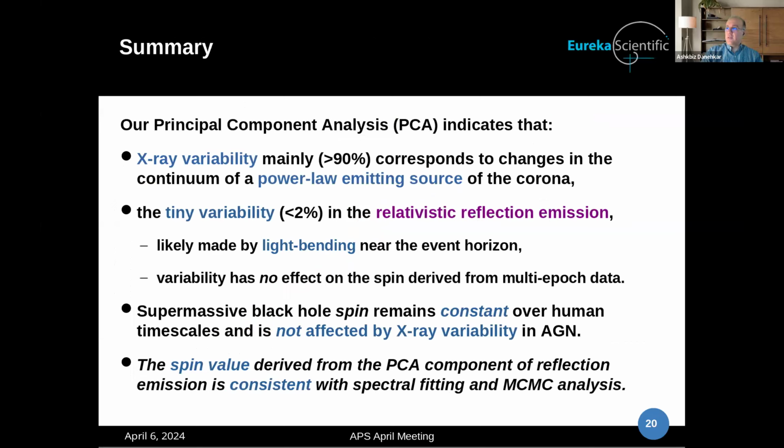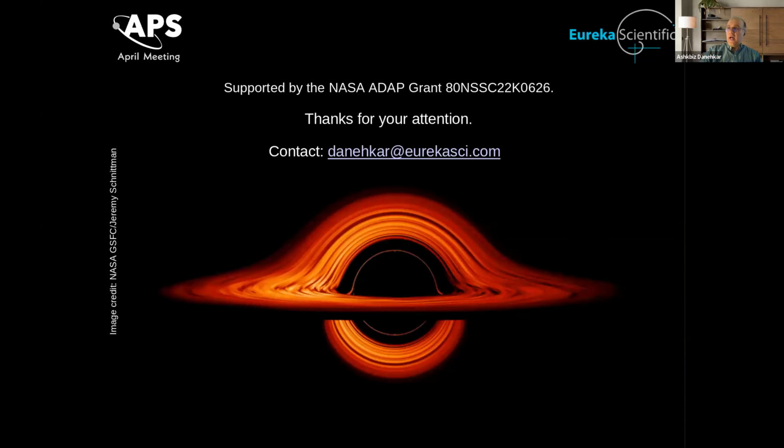Supermassive black hole spin remains constant over human time scales and is not affected by variability in AGN, and the spin value derived from the principal components of reflection emission is consistent with what we got with the Bayesian statistical analysis. If you have any questions, you can contact me.